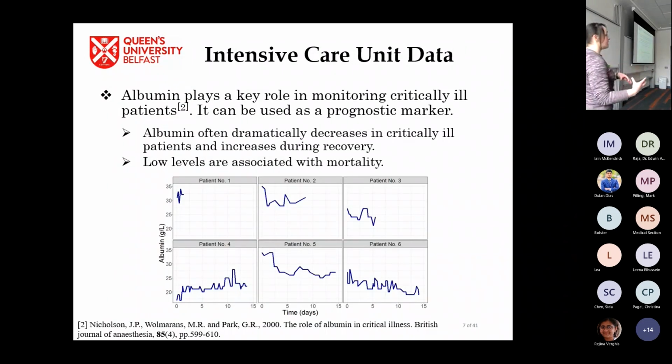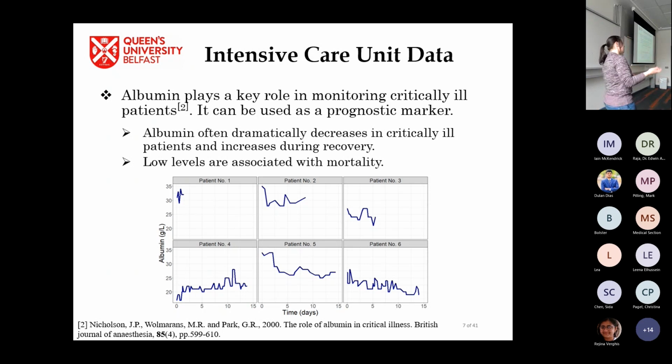Now, what we're going to focus on in particular is one of the key biomarkers for individuals, their albumin levels. Albumin levels play a key role whenever we're monitoring critically ill patients. Essentially, if patients get critically ill, their albumin levels tend to drop dramatically. And what we can see is that they're increasing as they get into more of a recovery phase, so their prognosis is improving.